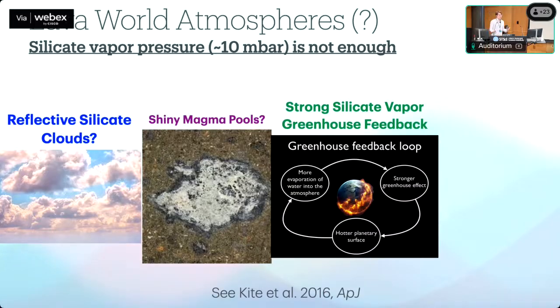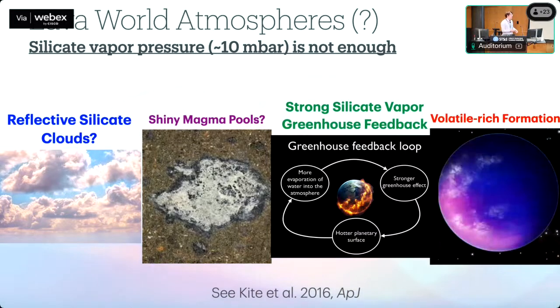We also don't really understand how the silicate vapor feedback should work on these planets. Silicate vapor is theorized to be a very strong optical absorber where most of these planets' thermal emission is being radiated. So it's possible that this greenhouse feedback can lead to runaway vaporization of more and more silicate vapor.